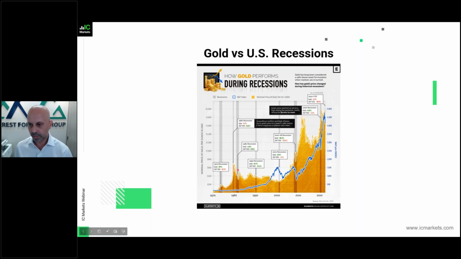However, if you look at the 1981 recession, gold actually continued to slide all the way down in price. Price was retreating all the way towards the end of the recession, and gold only started to pick up as the recession ended. So this was an environment where gold did not serve as a hedge against the recession risk.